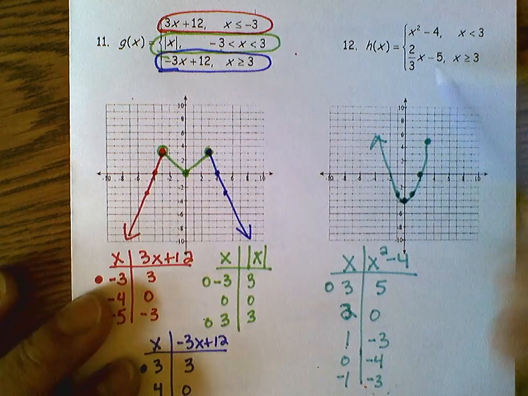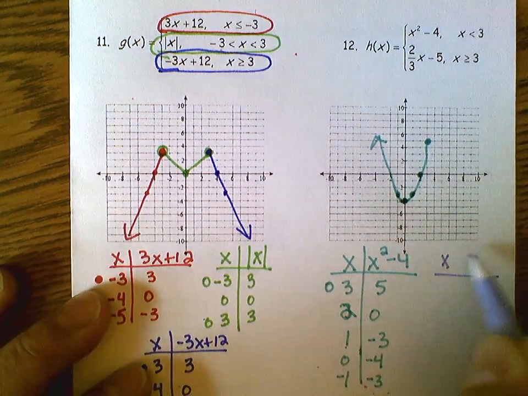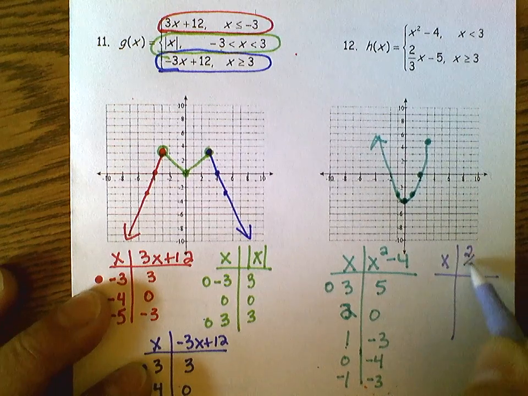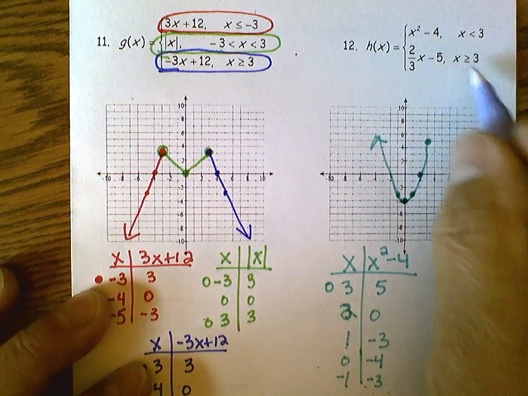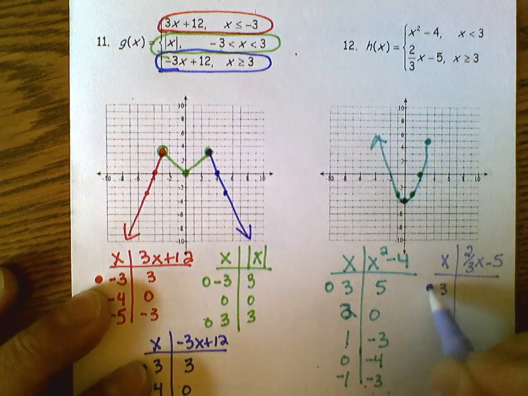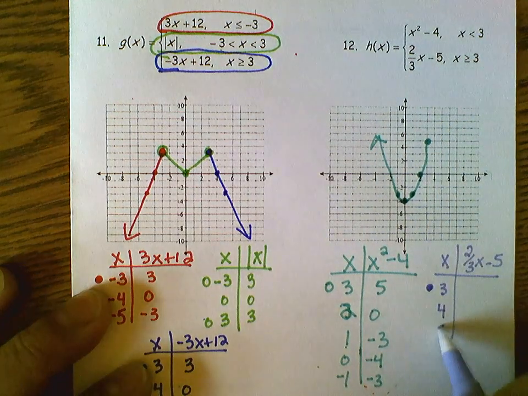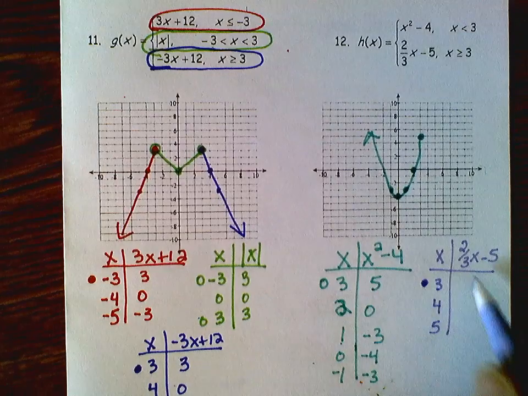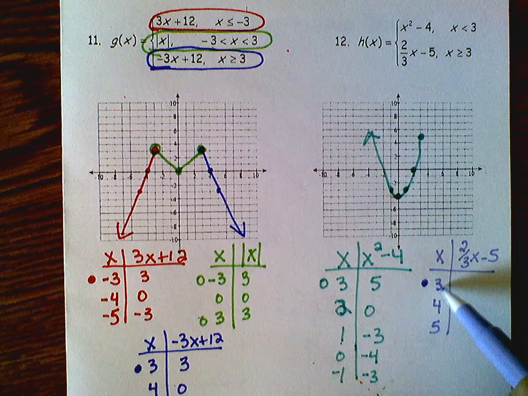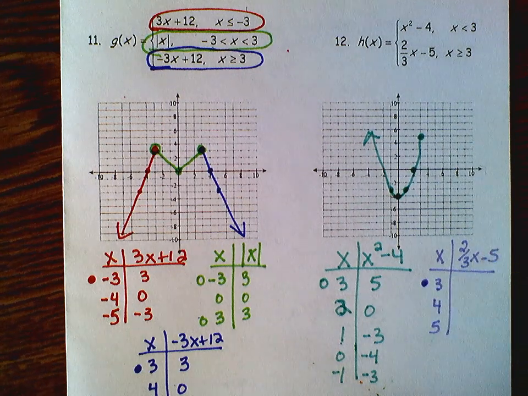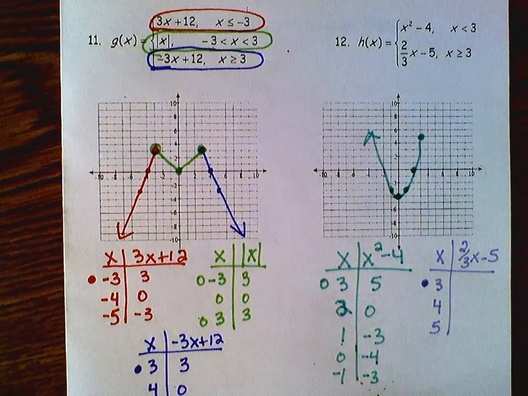Then we have our second piece. So 2/3 x minus 5. 3 is the endpoint. It's closed circle, and we want x values greater than. Oh, and you know what? I'm taking 2/3. So if I have multiples of 3, this is going to work out a whole lot better.